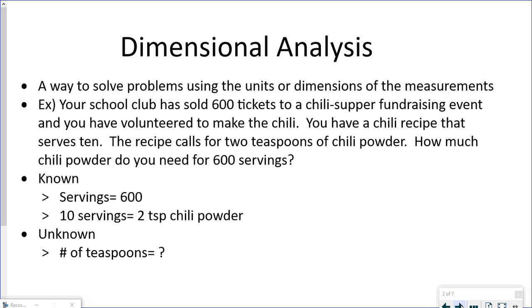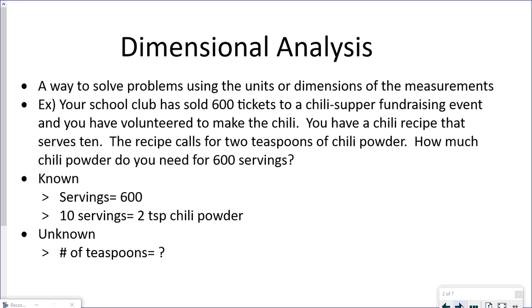So dimensional analysis is just a way to solve these problems, changing our unit of measurement without changing our overall quantity. So we're just going to go through a couple of very basic examples, things that you might do in everyday life. So for example, your school club has sold 600 tickets to a chili supper fundraising event, and you volunteered to make all the chili.